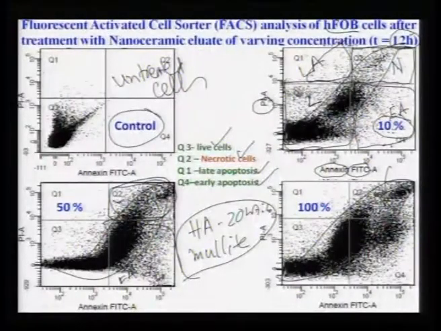Another important thing: if you notice the concentration of the dots in the early apoptosis coordinates, look at the slide here, and you will be able to realize that if you increase the concentration of the eluate or particles from 10% to 50% to 100%, the number of dots in the early apoptosis coordinates increases progressively from 10% to 50%, 50% to 100%.